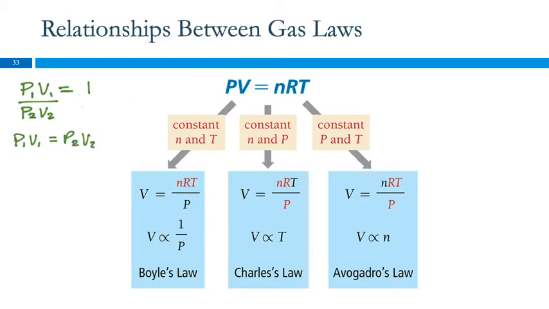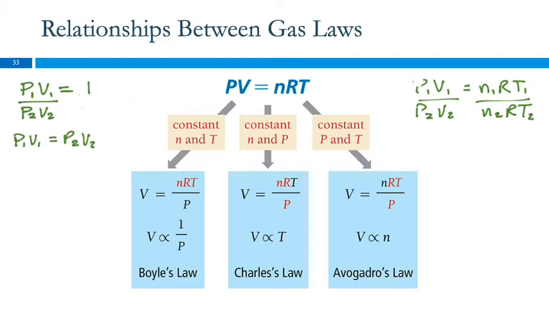Boyle's law. Okay? I could do, which one should I do? Charles' law or Avogadro's? Avogadro's. Okay, so P1 V1 equals N1 R T1 divided by the same thing with 2's. For Avogadro's law, we've got constant pressure and constant temperature.